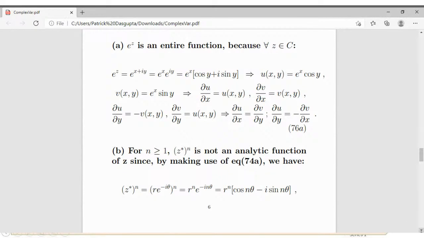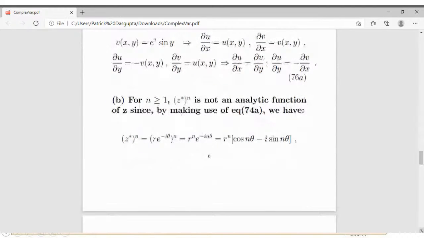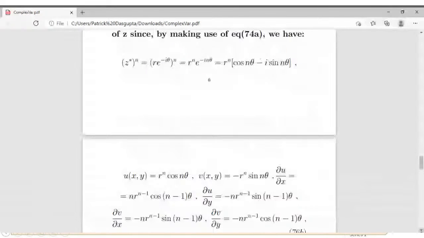Okay. This implies for the function z star to the power n, the real part u is r raised to power n cos n theta, while the imaginary part v is minus sine n theta into r raised to power n.